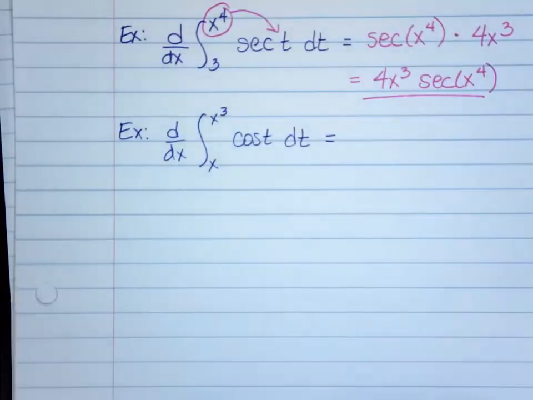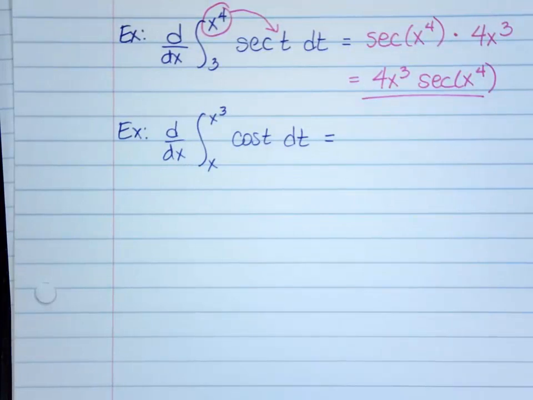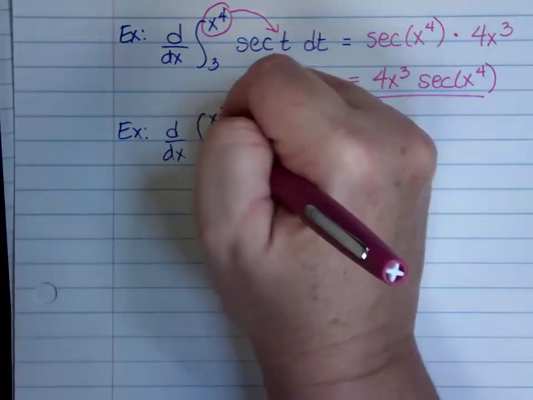How is this one different from the ones we've done to this point? There are two x's. So we've got to talk about how we do those. I'm going to circle the two x's to let you see that there are two of them.